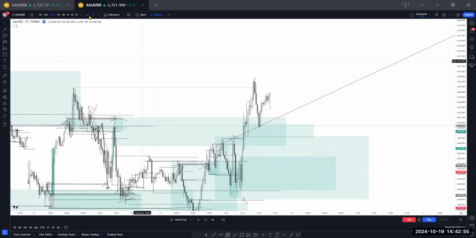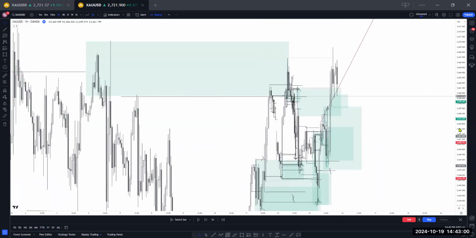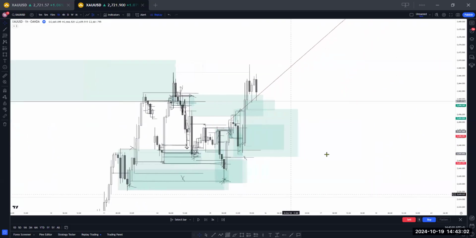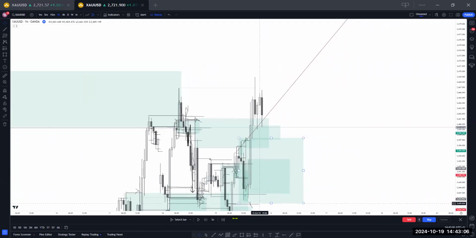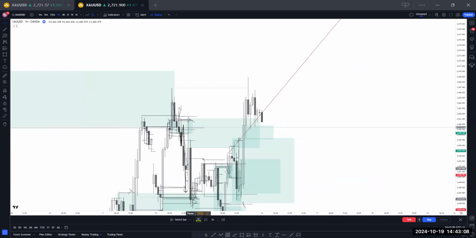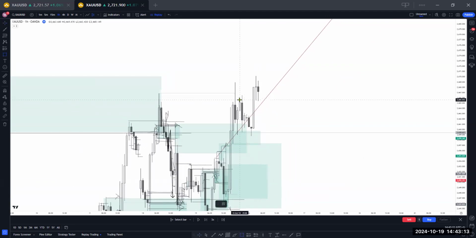All right, so if we go down, let's see H1. Okay, so let's play from H1. Again, breakout, and the breakout is super clear.